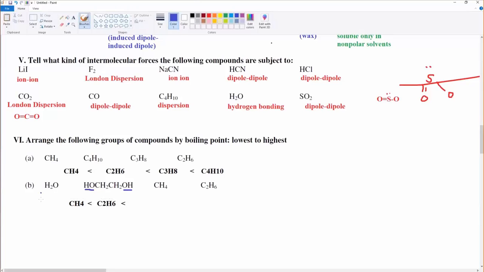So we can look at HOH as having 2 hydrogen bonds. There's an OH there and there's an OH there. And this one also has 2 hydrogen bonds. There's an OH here and there's an OH there. And then it has some extra space in between. So that makes it bigger, right? It's a larger molecule with the same number of hydrogen bonds. So that actually gives it the higher boiling point.